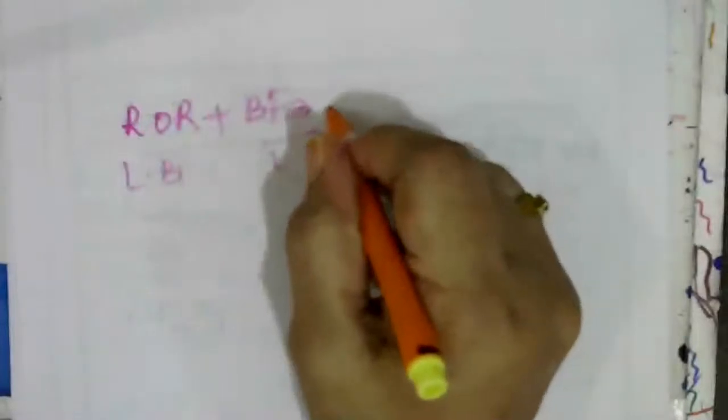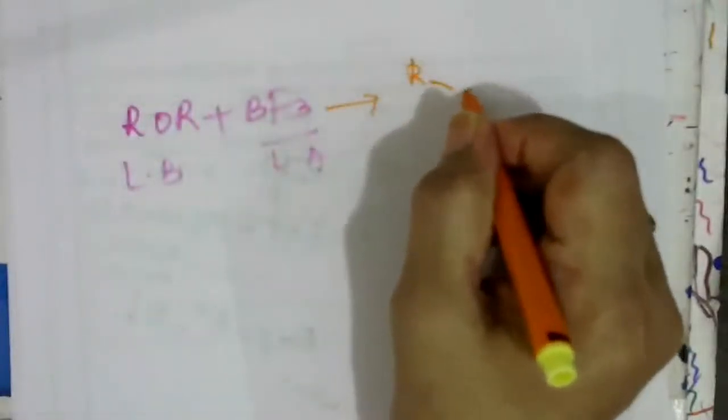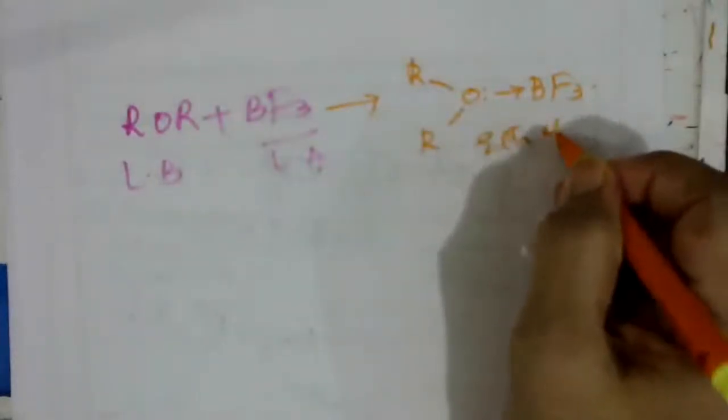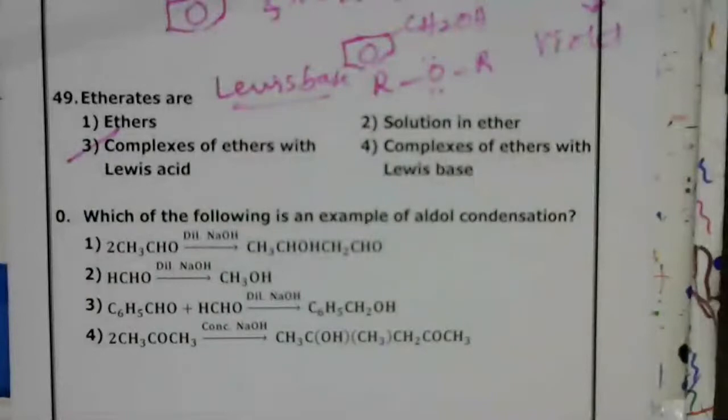Whenever they form a complex like a coordinate covalent bond, ethers are donors to BF3. These are called etherates. So remember one thing, boron hydride also is a Lewis acid. Correct. Next.